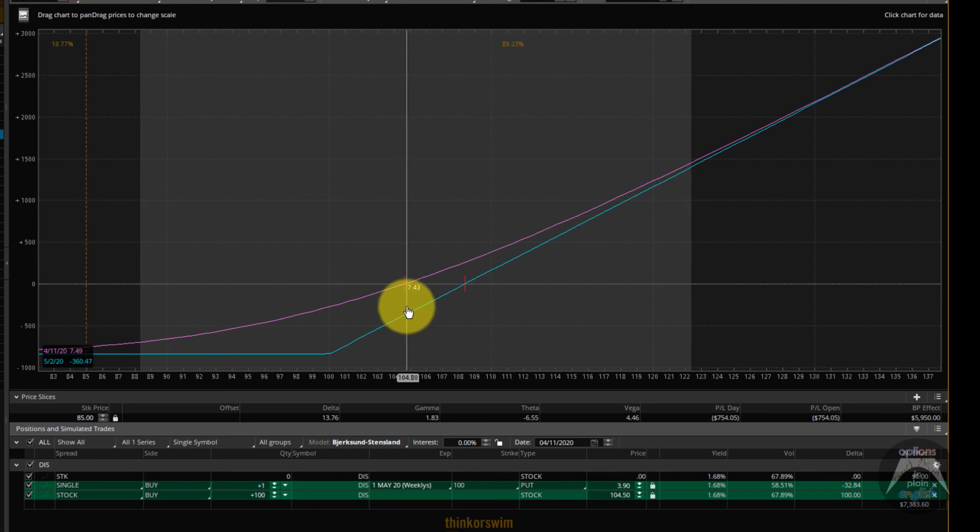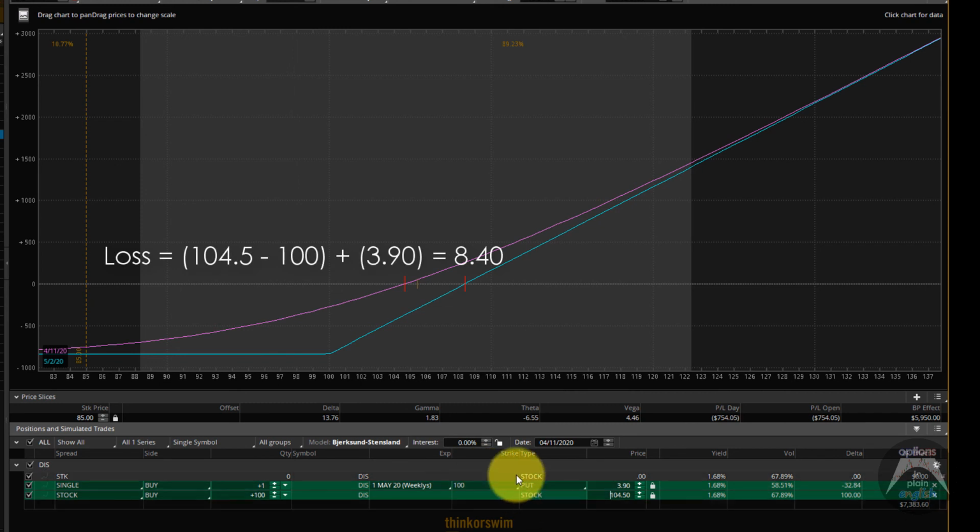So the price was here. We lose. The put option hasn't kicked in yet. So we lose the 450, and then the loss stops. But we also have to add the premium that we paid for in the form of a put.